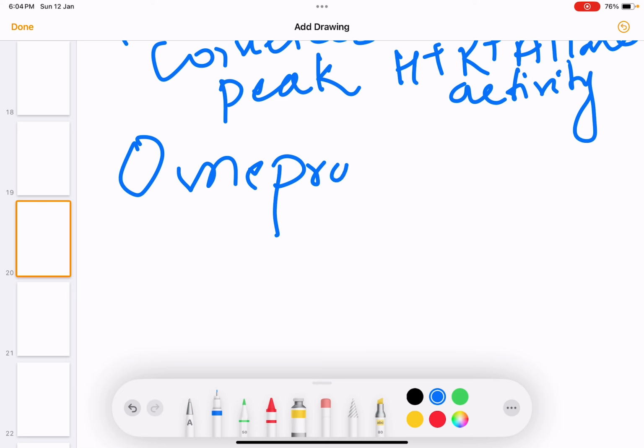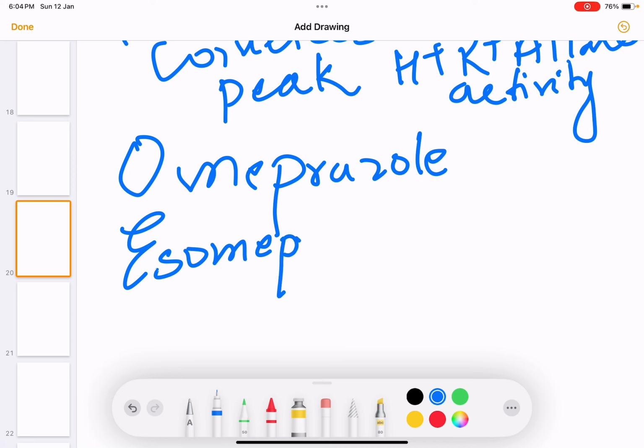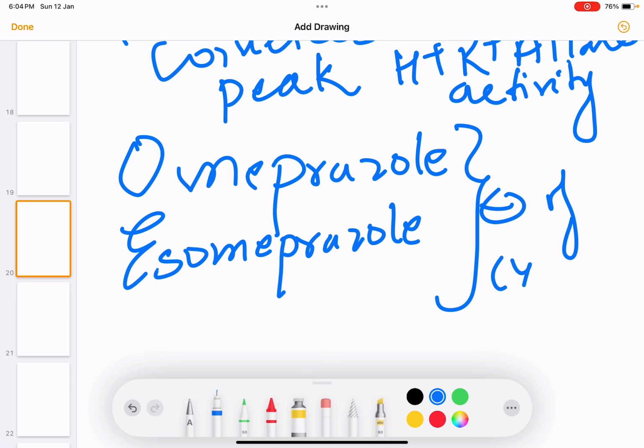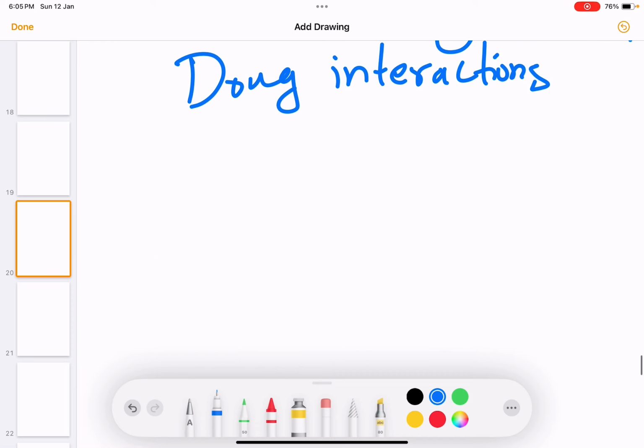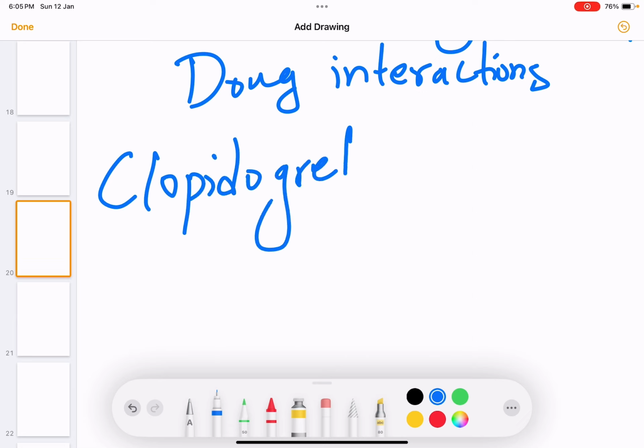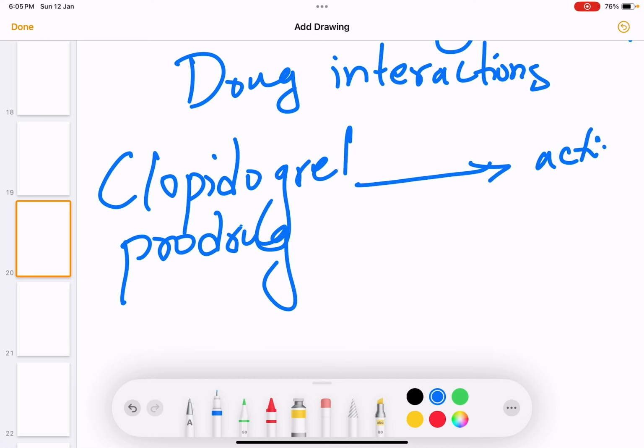Now omeprazole and esomeprazole are inhibitors of CYP2C19, and these have drug interactions. One significant drug interaction is with clopidogrel. Clopidogrel is a prodrug and its conversion into its active form requires CYP2C19.